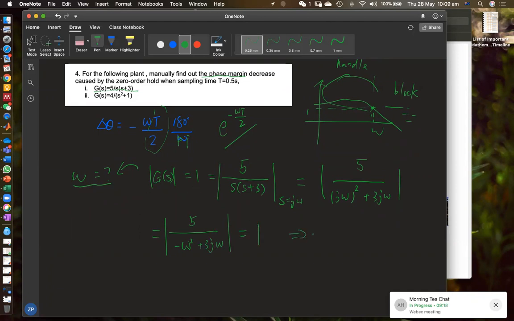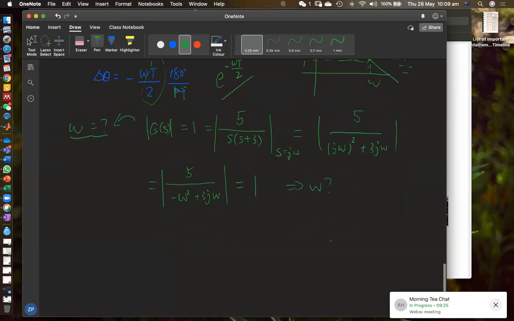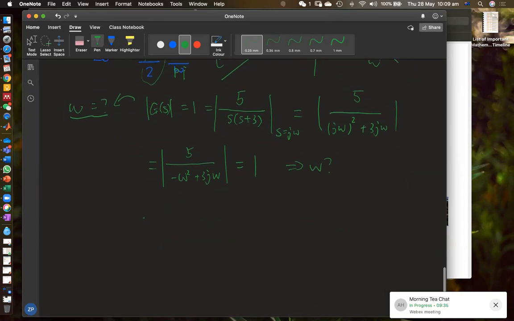We need to find what omega is. Anybody know how to do this? How to know the magnitude of an imaginary number? If you don't know, you can multiply this to the other side. So basically negative omega squared plus 3 omega j is equal to 5.